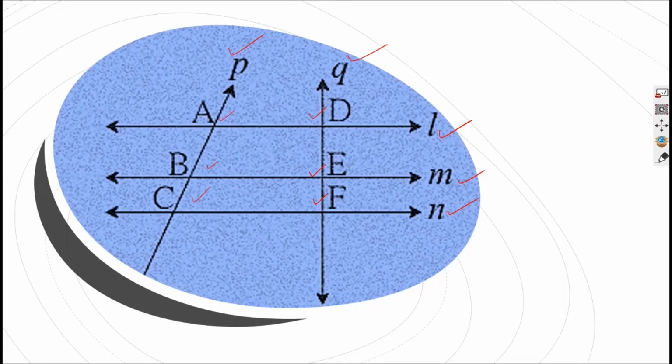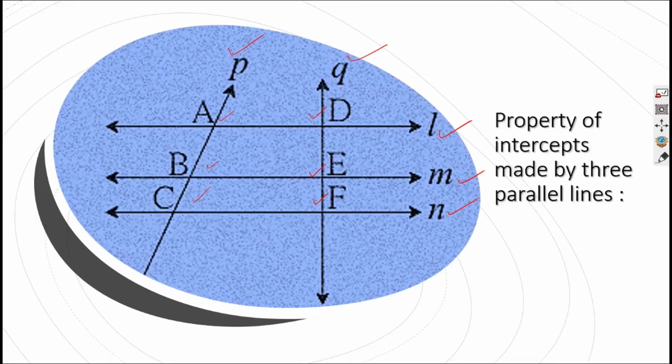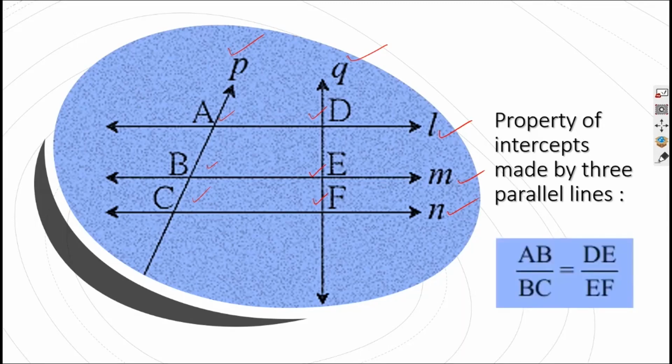So here also, you should remember the property of intercepts made by these three parallel lines. It tells us that AB upon BC will be equal to DE upon EF according to the theorem.